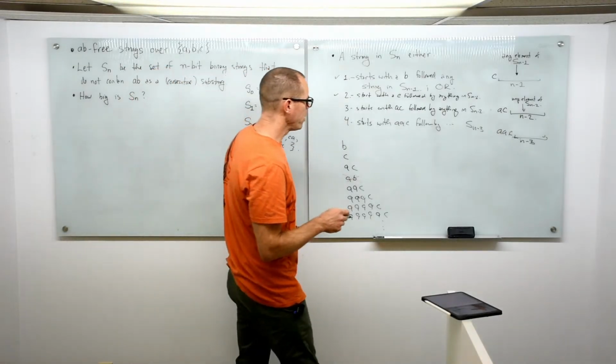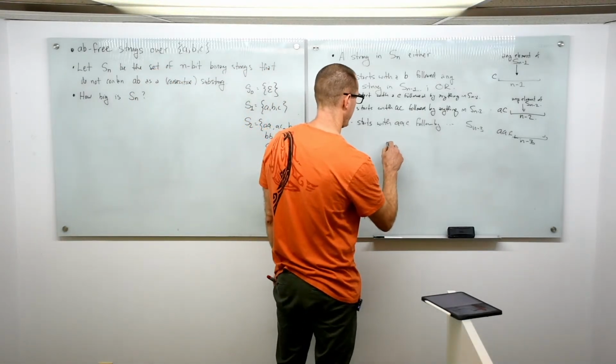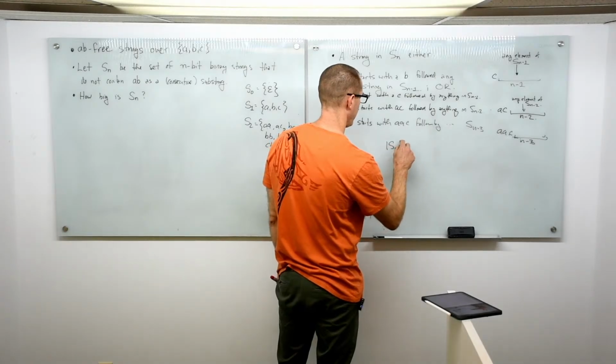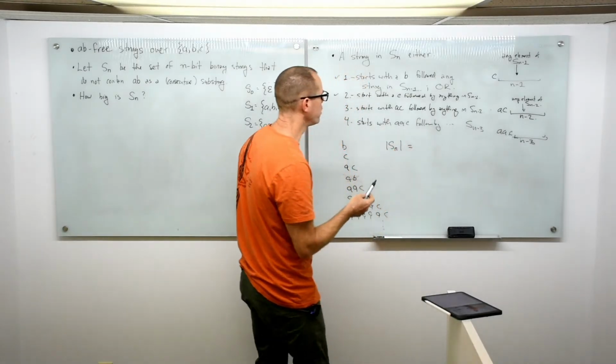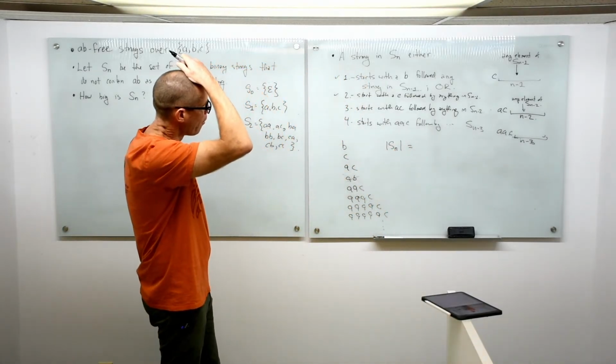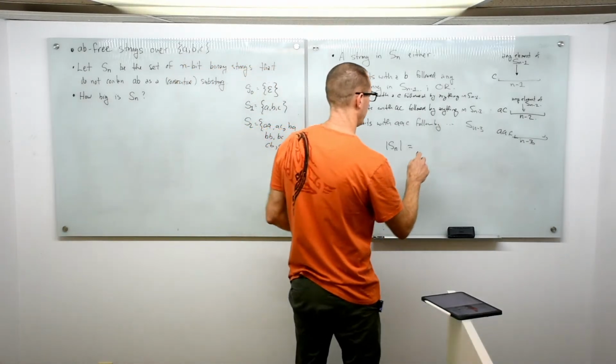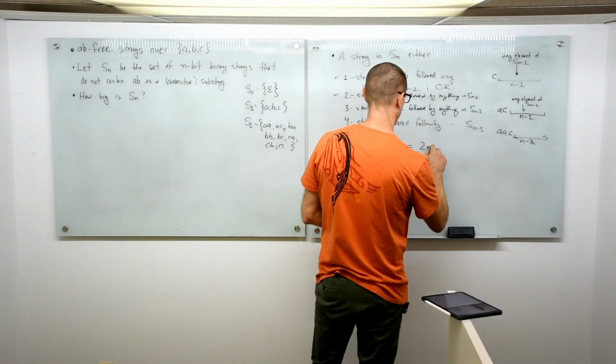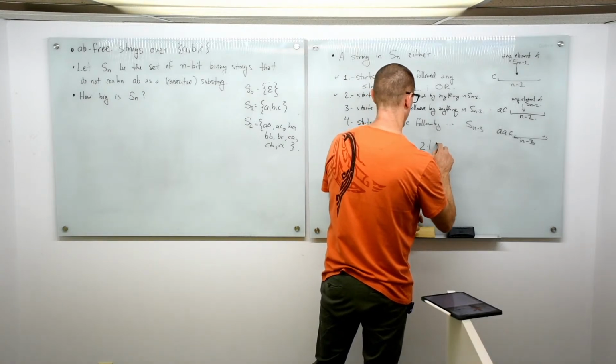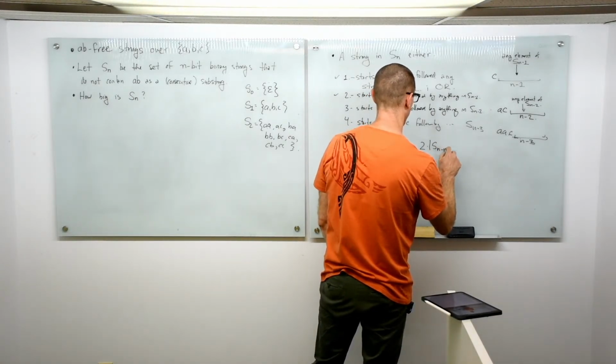And if you do this, you'll find that you get a recurrence like the size of Sn is equal to 2 times the size of Sn minus 1.